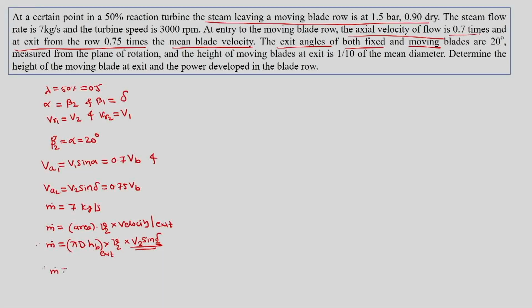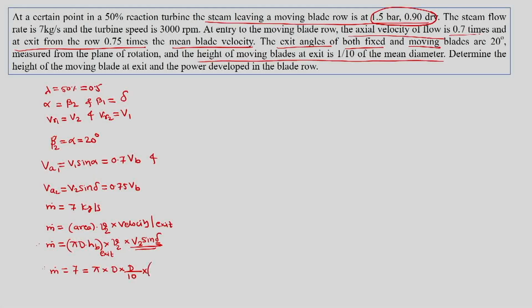So we have m dot, basically 7, is equal to pi into d into hb, but for hb it is told that height of the moving blade at the exit is 1/10 of the mean diameter. So d by 10 into specific volume at exit, which we can find out from this state, which is 1.5 bar and 0.9 dry.